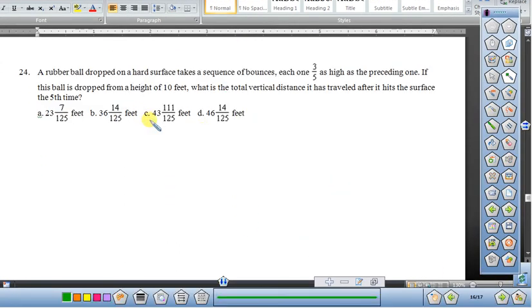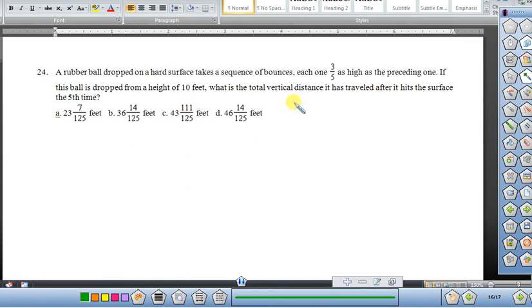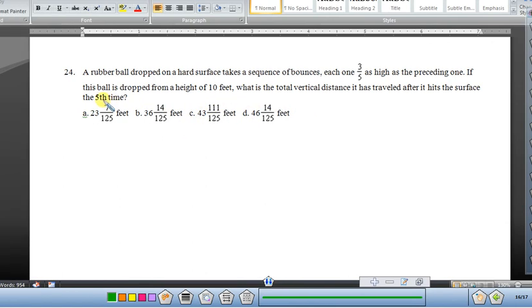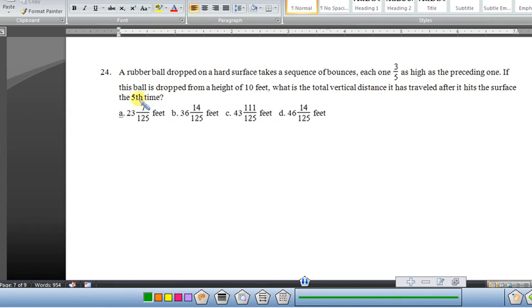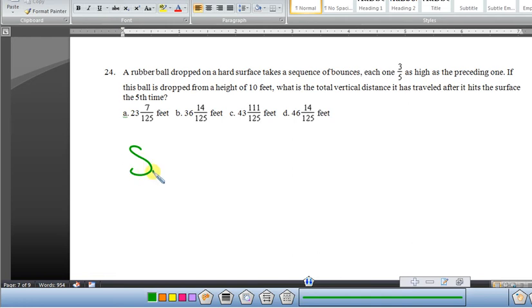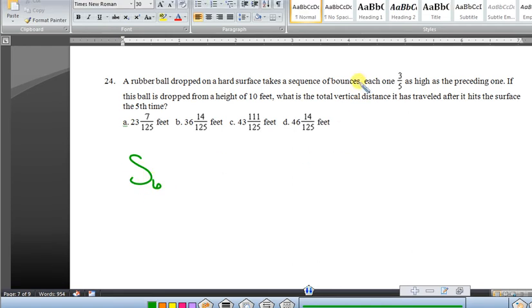A rubber ball bounces. You got to be real careful with this one. I made the error of not reading it real well. It looks like your R factor is going to be, or excuse me, you're looking for the sum of 5, but really you're looking for the sum of 6 because it bounces.